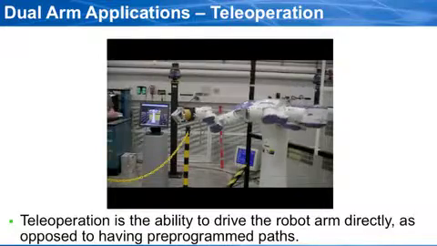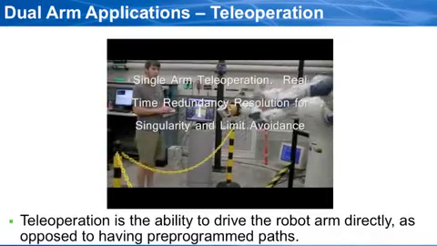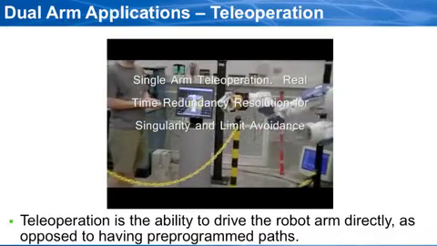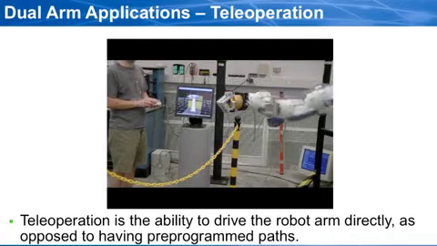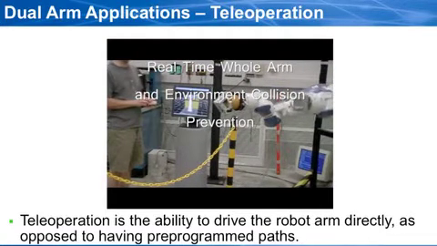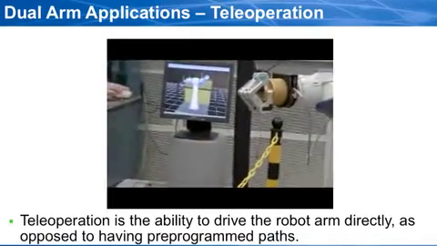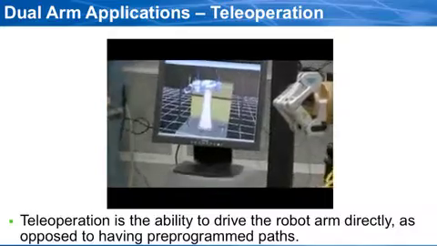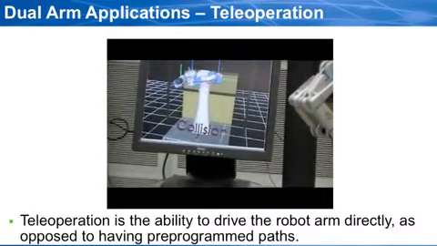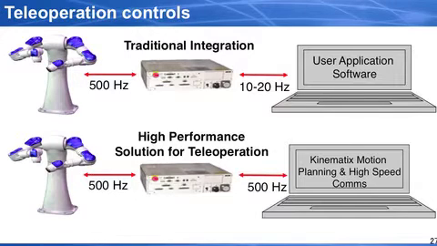In this case, teleoperation means taking control of that robot by means of some input device, whether it's a joystick or a haptic wand or whatever it might be, but being able to drive that robot as needed. This is important in applications where we need a man in the loop.